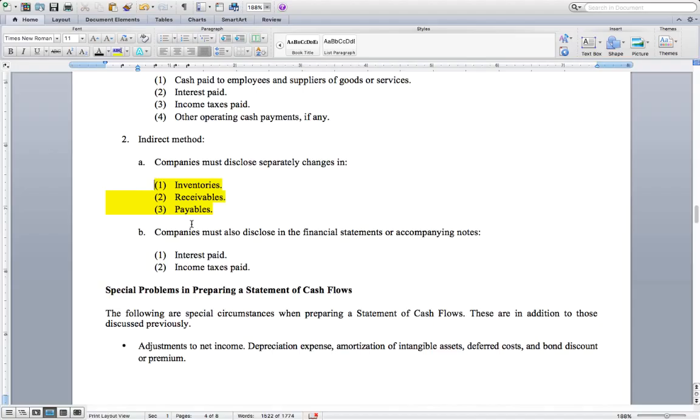Other things that you'll need to account for include depreciation, amortization possibly, interest expense paid, interest received, dividends paid, the issuance of common stock. Things of that nature are things you need to take into consideration when you're doing the statement of cash flows.